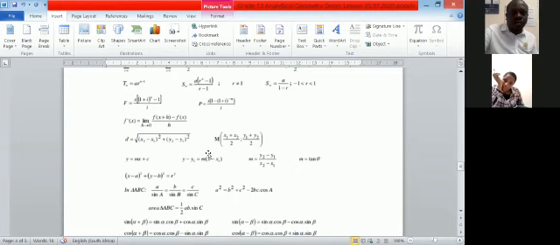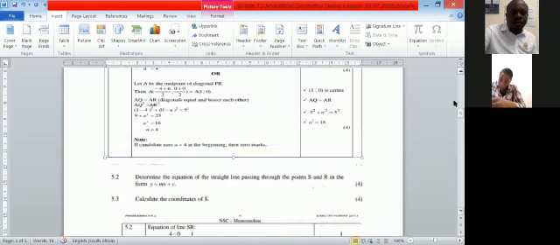So this is the equation I'm talking about, y minus y1 is equal to m(x minus x1). So what do you need in this equation? You need one set of coordinates and you need the gradient. M is gradient, y1 and x1 are a set of coordinates. You use that to find the equation of a line.